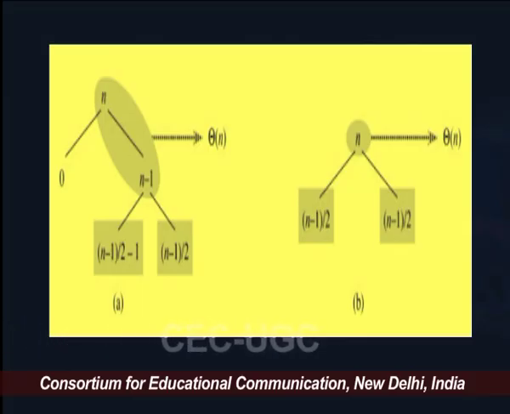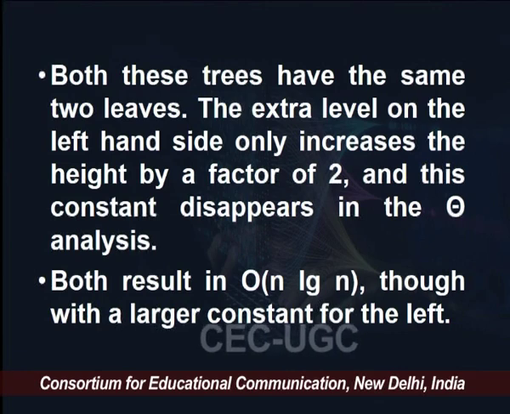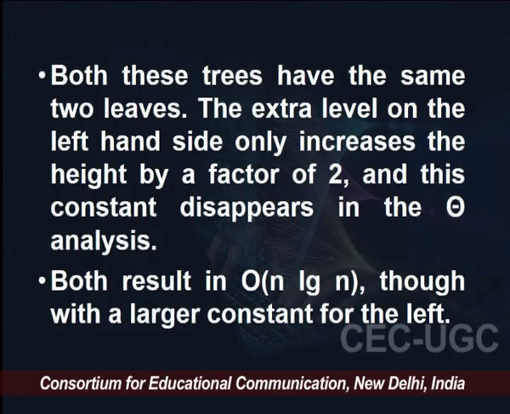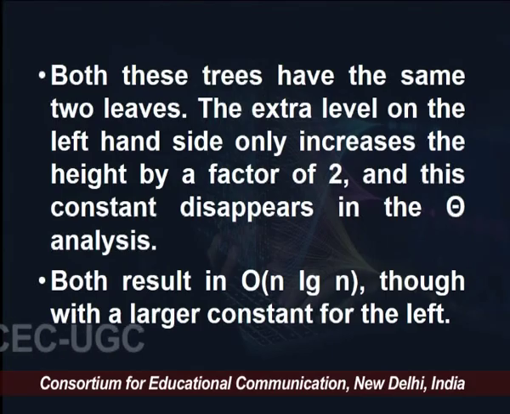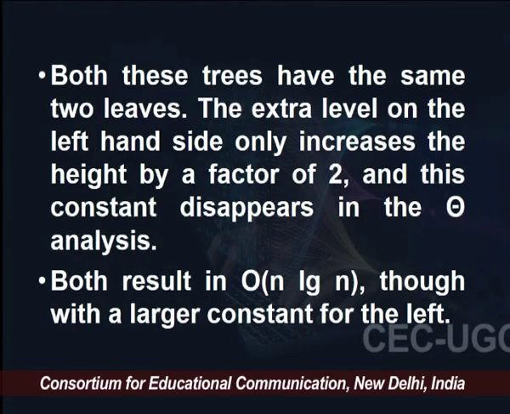Or it could be a straight good split, which gives n minus 1 by 2 parts on both sides. Both these splits, one which is a combination of best and worst case, and another which obviously gives the best case, have the same number of leaves, but the tree on the left side has an extra level, which increases the height of the tree by a factor of 2, and this constant disappears in the asymptotic, or theta, analysis.